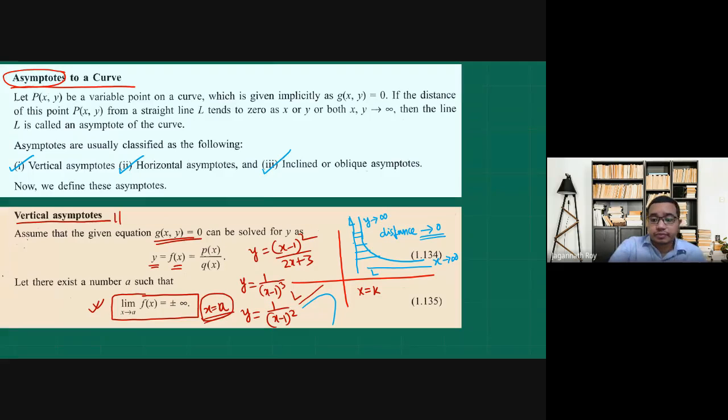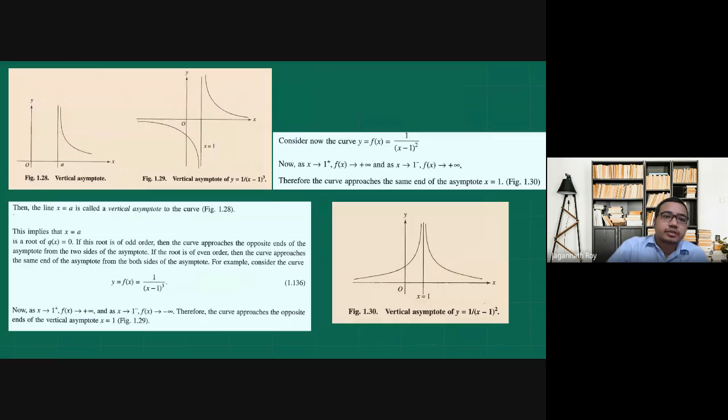Similarly, for a vertical asymptote, you can see that this line is x equals a, and this is a given function, a given curve.